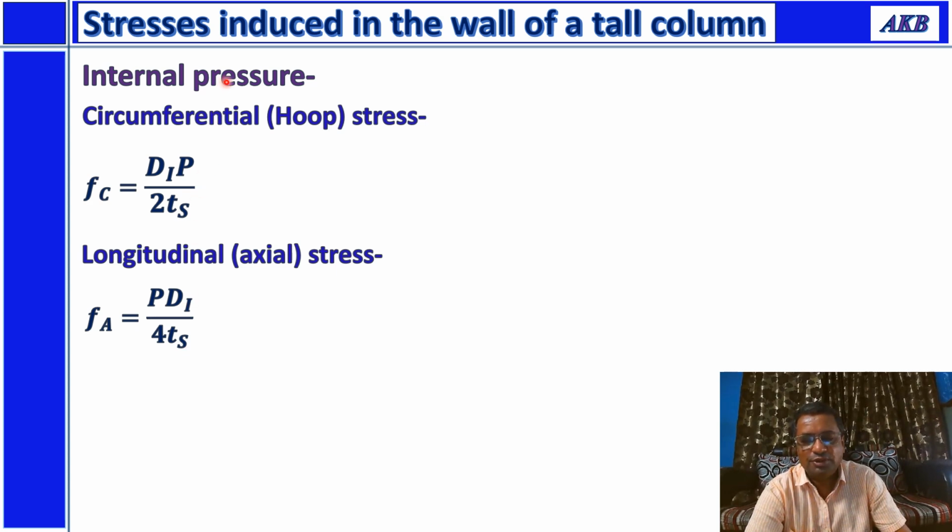So internal pressure is responsible for two types of stresses. First is circumferential or hoop stress, given by this equation. And second is longitudinal or axial stress, and this is given by Fa is equal to p into di upon 4 into ts.